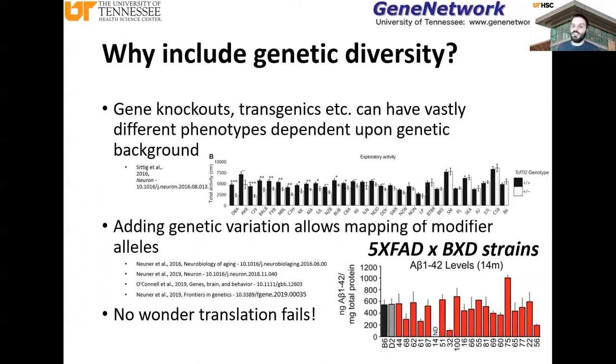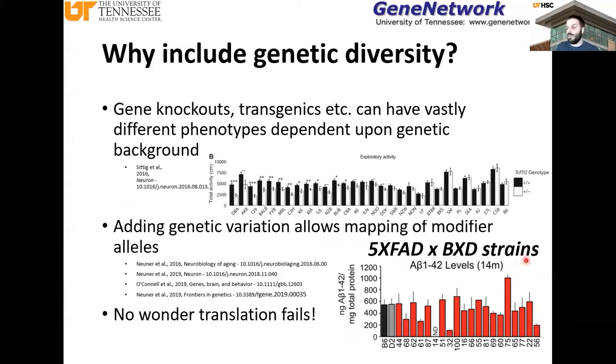Not only that, but adding genetic variation allows you to get at more interesting data. So if we look here, this is a series of papers by Catherine Kirkowski and her lab in the Alzheimer's disease BXD model. And that's a cross between the 5XFAD Alzheimer's model, familial Alzheimer's disease, crossed to BXD strains.